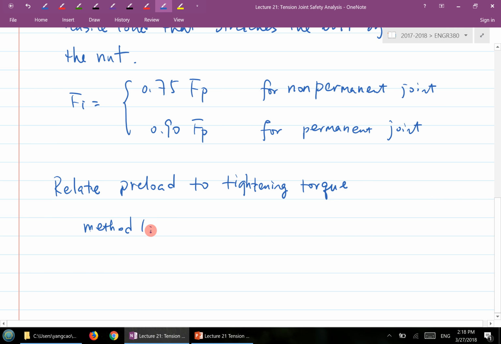The first method is, when you apply a certain load, you're elongating the bolt because of the tension force. The change in length and the preload are related with this formula, basically the stiffness formula. You have this amount of change due to that amount of Fi. So I can inverse calculate.